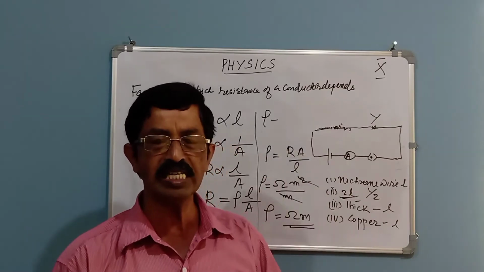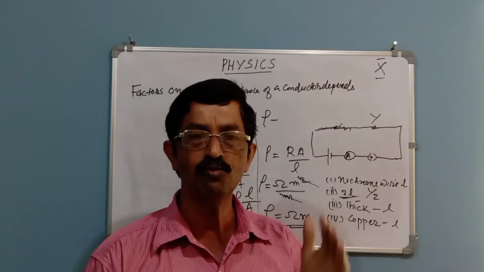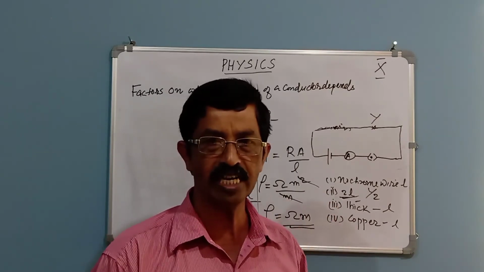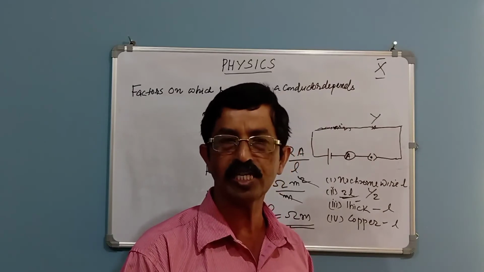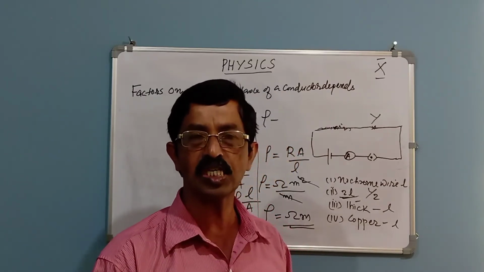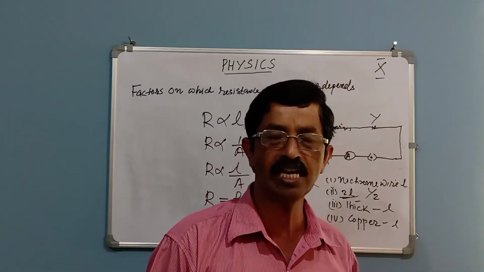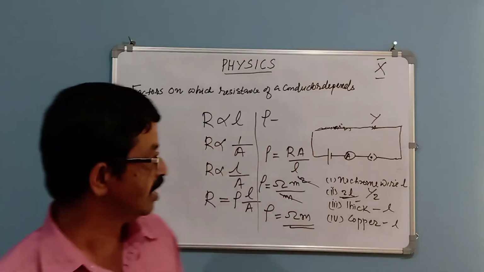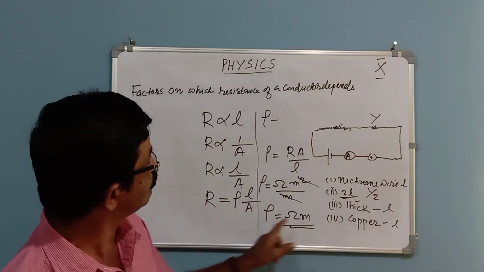But resistivity is also a resistance, but for a conductor of unit length and unit area of cross section. Resistivity is the resistance of a conductor of unit length and unit area of cross section.